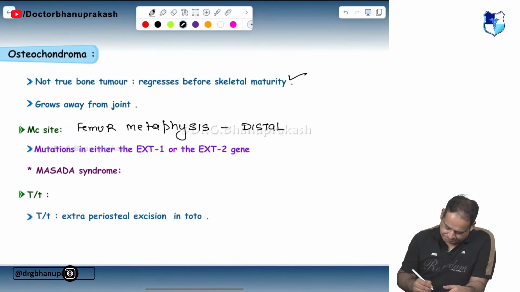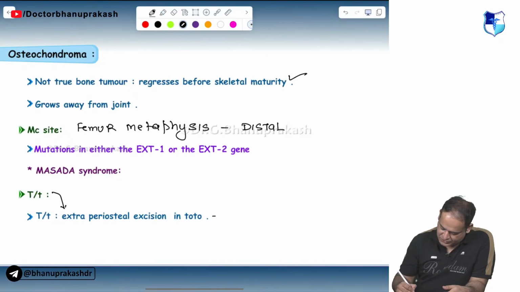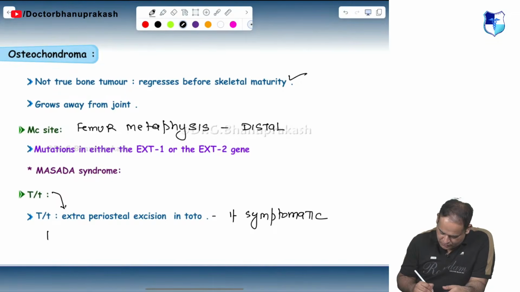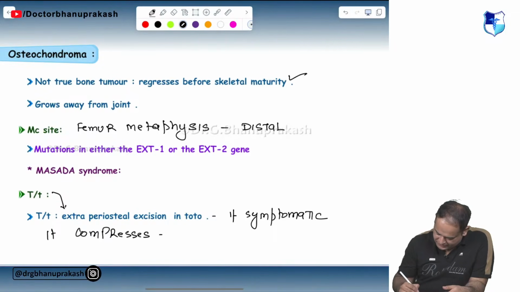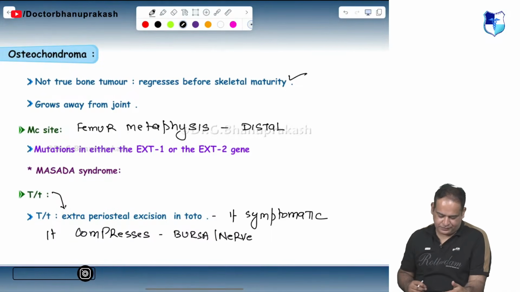Fine. Now, treatment is excision if symptomatic. How will it become symptomatic? You know what happens is it compresses a bursa or a nerve, right?